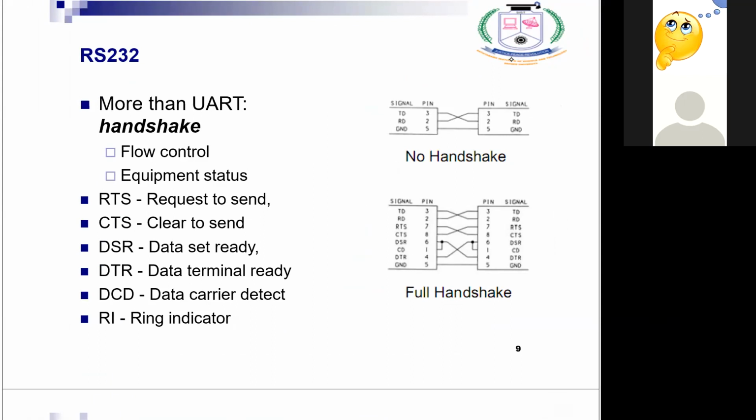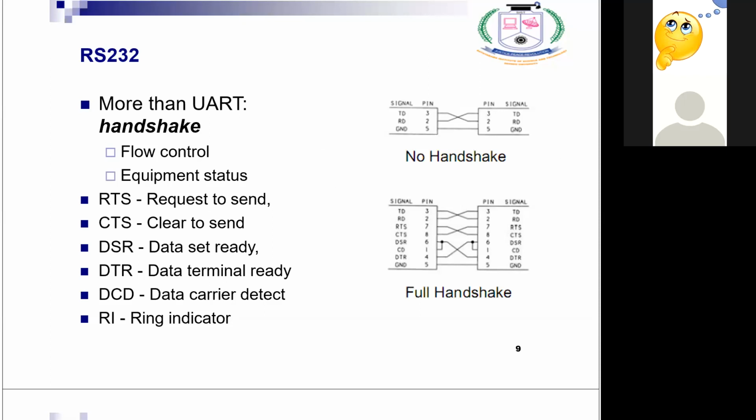In the same way, in communication, signals like ready to receive or clear to send are not available in UART. In USART we have synchronization between transmitter and receiver, but in UART we just have a transmission pin, a receiving pin, and a ground pin. RS232 became popular because all these handshake signals are connected.